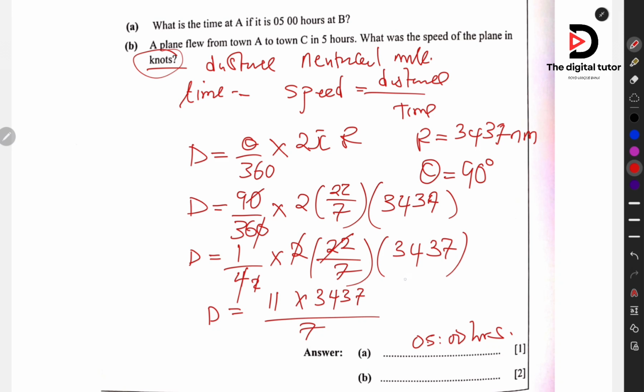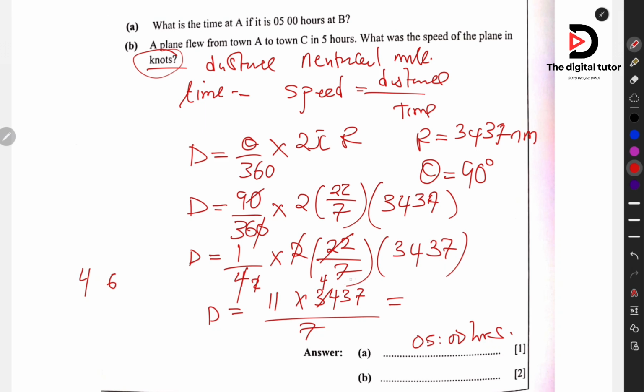Now let us find the values. 11 multiplied by this, what is it giving us? Or is there a way that we can divide 7 into this number? If we start dividing, 7 into 30, what is the number? 7 into 30 is 4, which is 28. So we have a 4, but of course a remainder of 6.